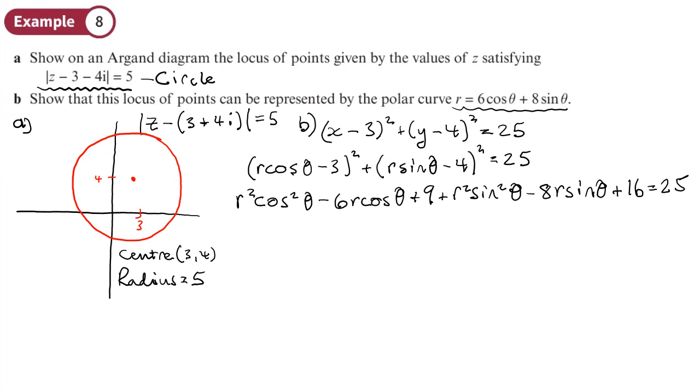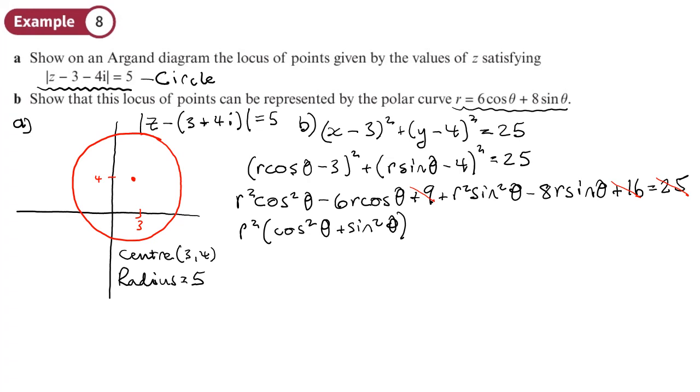Now 9 plus 16 is 25, so we can take away 25 from both sides. Now we're going to factorize it. So we'll have r squared, then in brackets we'll have cos squared theta plus sine squared theta.